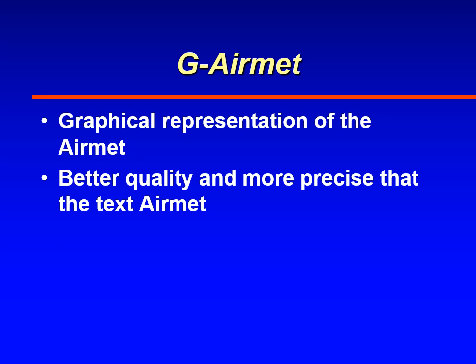It's simply a graphical representation of the airmet, and it gives you a little bit better idea of where weather hazards are located. Not only that, but also their areas are smaller than the textual. The textual product puts out a 6-hour forecast. G-Airmets are a 3-hour forecast, so they usually cover a smaller area.